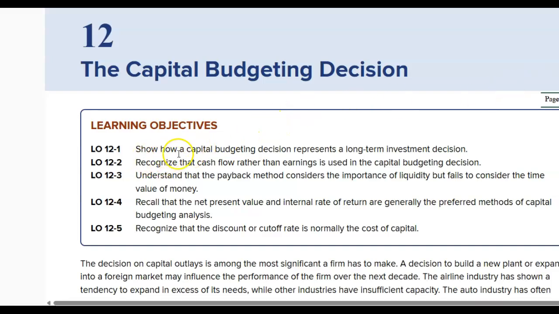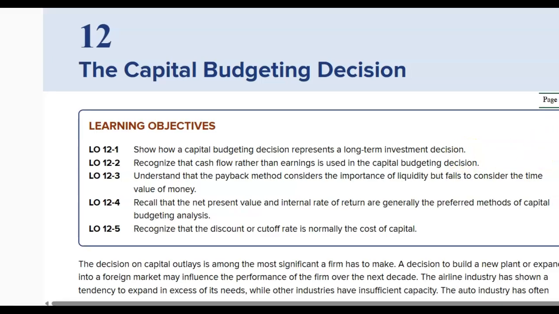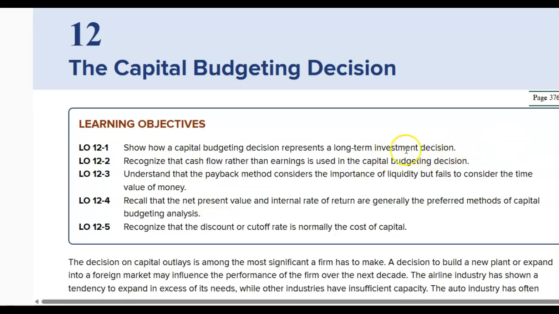So what you want to take away from this chapter is to show how a capital budgeting decision represents a long-term investment decision. It's a matter of time frame more than anything. And then you want to recognize that cash flow is used rather than earnings in making capital budgeting decisions. It's very well explained in the book, but it'll make sense to you when you read it.